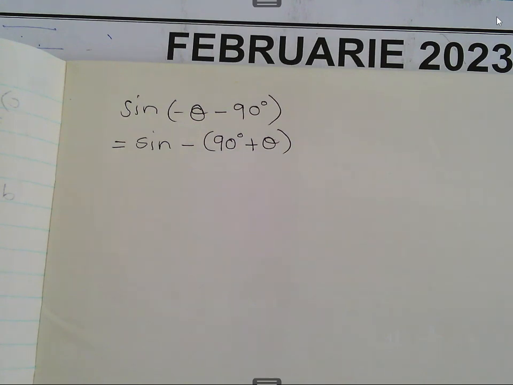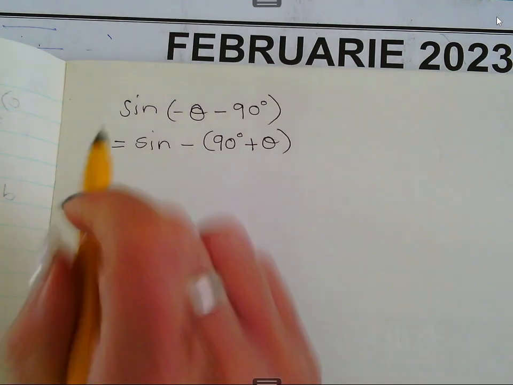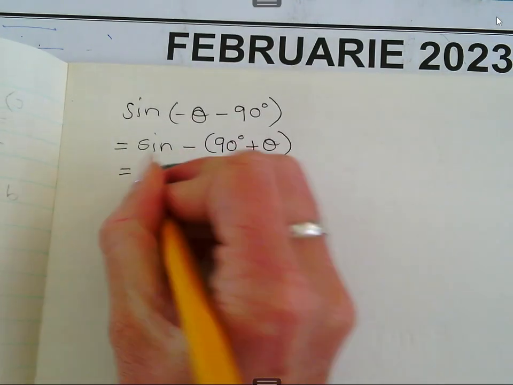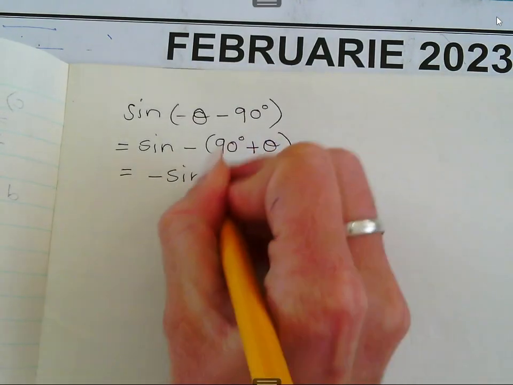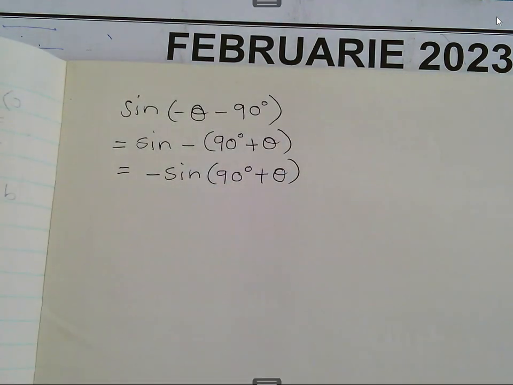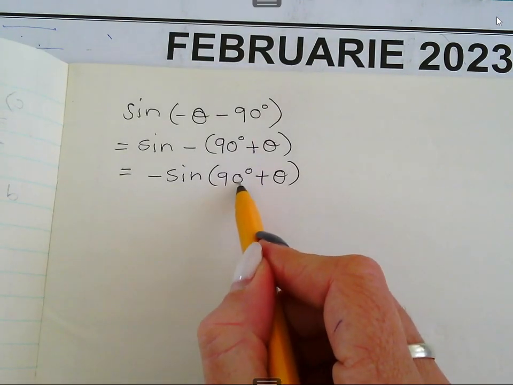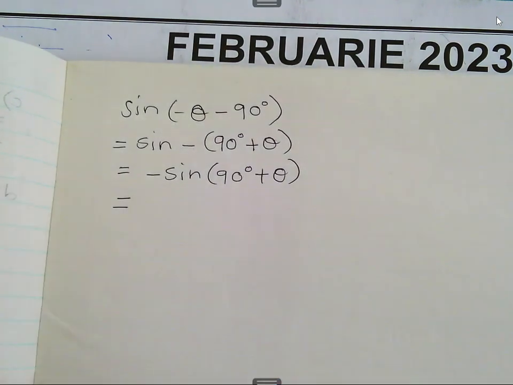What is the sin of a negative angle? The sin of a negative, those things that we just wrote down. It will be negative sin of 90 degrees plus theta. Next step. Which quadrant is this? Second. What is sin in the second quadrant? Positive. Now positive is coming to the negative.